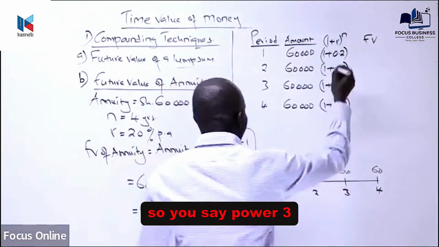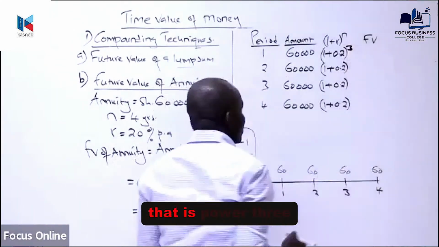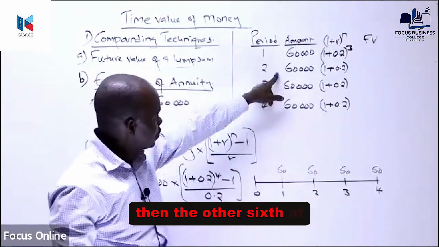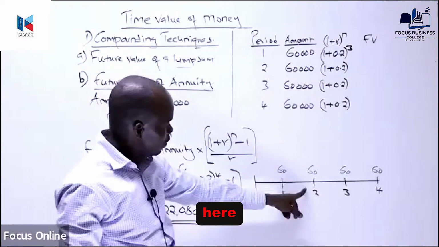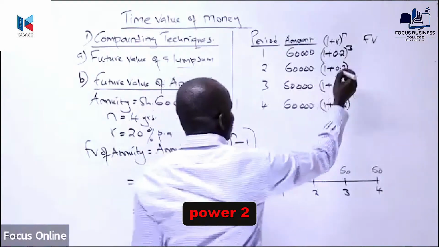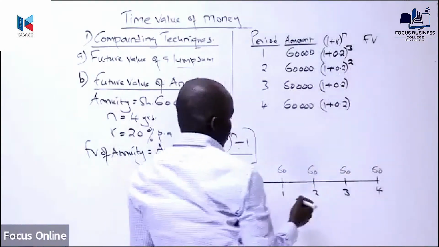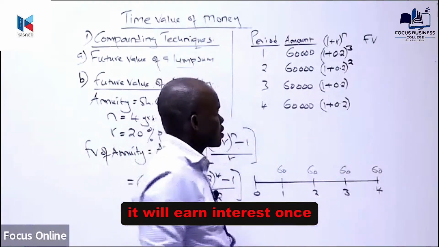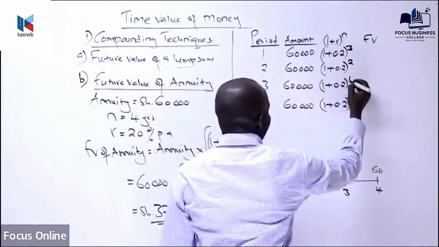So you say power 3. Then the other 60 at the end of year 2 will earn interest here and here. So you say power 2. The 60 that you invest at the end of year 3 will earn interest once. So you say power 1.